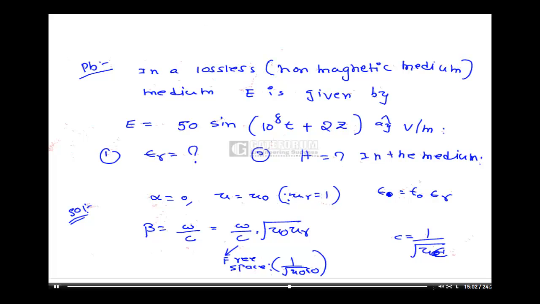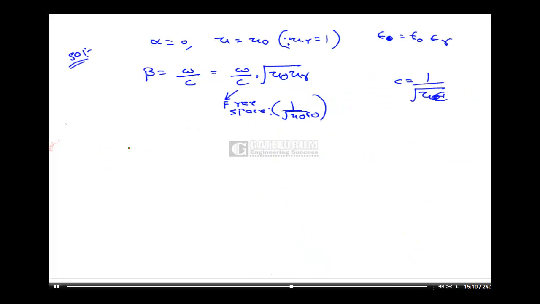Therefore, beta is given here, how much? Beta is equal to 2. So therefore 2 is equal to, omega is also given, 10 power 8, by c, I know, 3 into 10 power 8, into square root of mu r epsilon r.